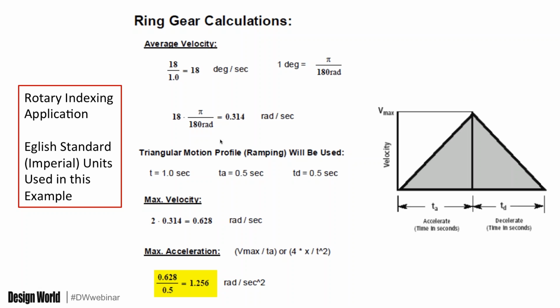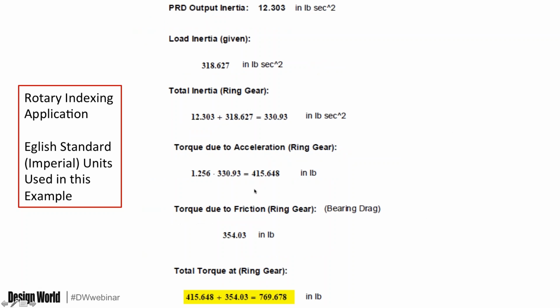And so here we were looking at average velocity earlier and basically get to the point where we have maximum velocity, which is 2 times average. And then in this example, we have maximum acceleration, which is taking the velocity and dividing it by 1/2 second for the time, and you're going to have 1.256 radians per second squared.